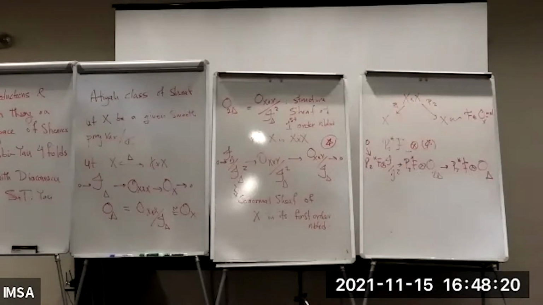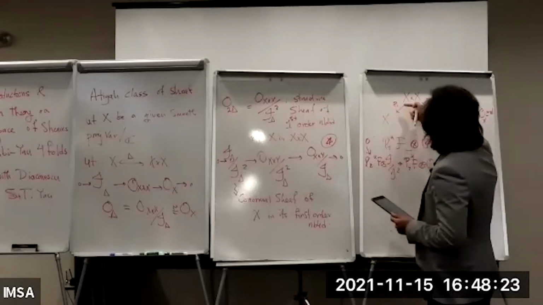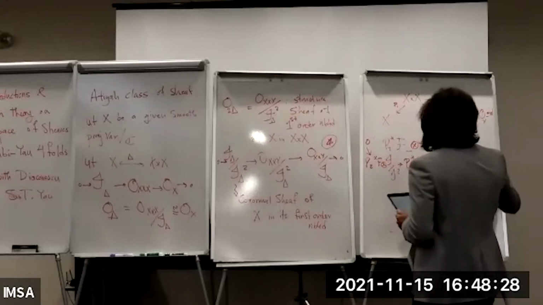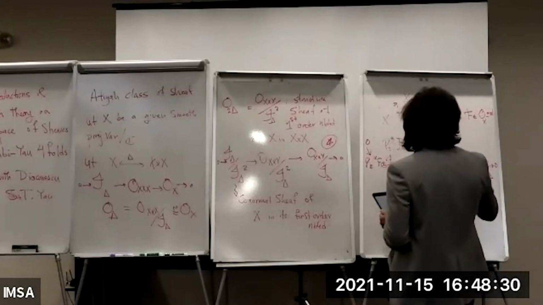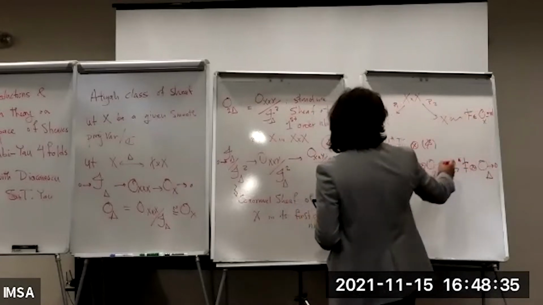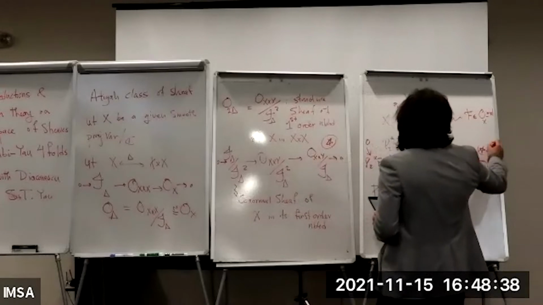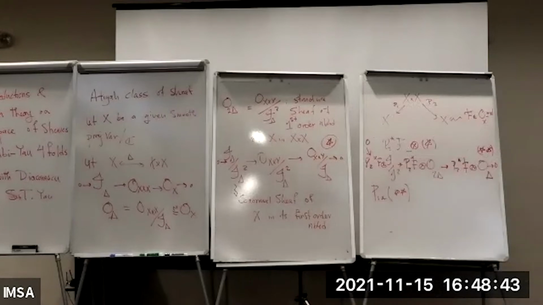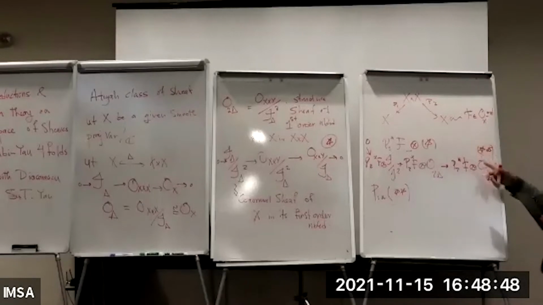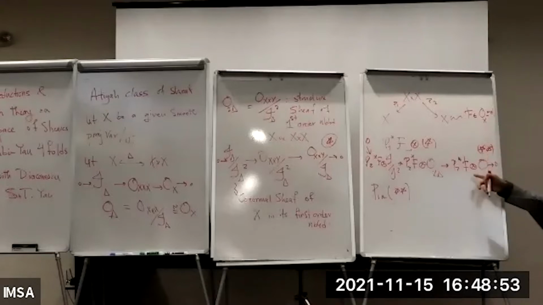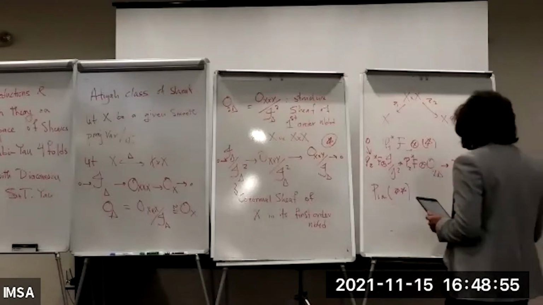Then you can take this short exact sequence and push it forward down onto X. Apply p1 lower star to this; let's call this double star. I'm going to push forward everything onto X. If I push forward the pullback of F back onto X, because F is an O delta module, a sheaf on X supported on delta, I will get back F. So this is just F.